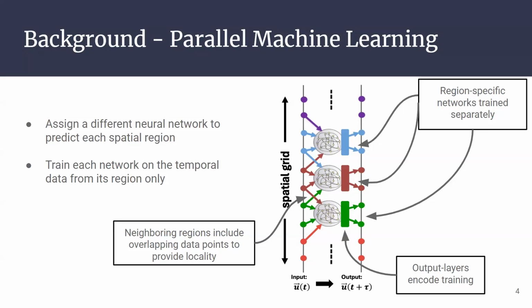And that's encapsulated in these output weight layers that take in those dynamics and predict what's going to be happening next. We also have a notion of locality due to overlaps at the border of these regions so that we can see what's happening as we're going from region to region.